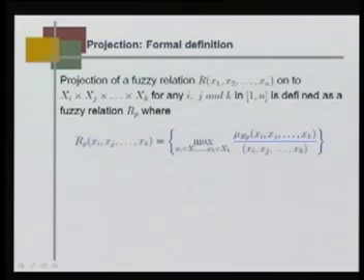Projection of a fuzzy relation R onto any of its sets in the Cartesian product space, we can map this to any of these i or j or k, whatever it is, is then defined as a fuzzy relation R p, where R p is defined as maximum over x i until x k, where this is our x i, x j, x k, of mu R p.